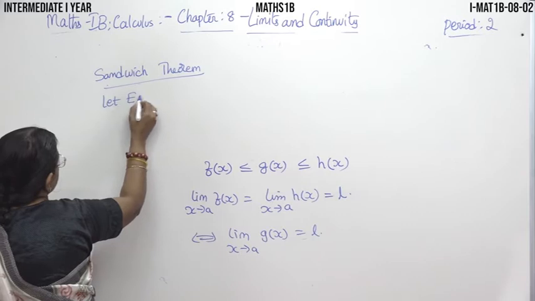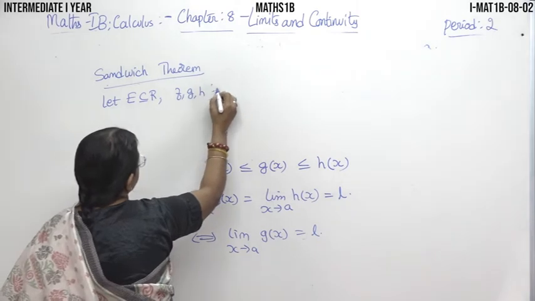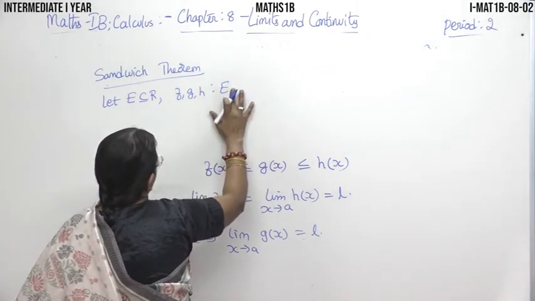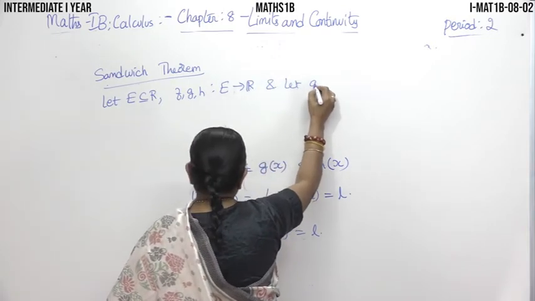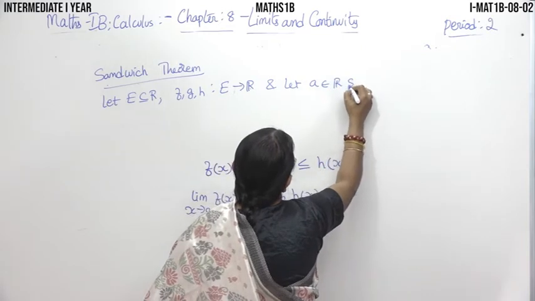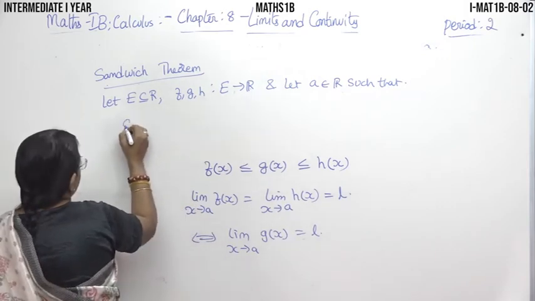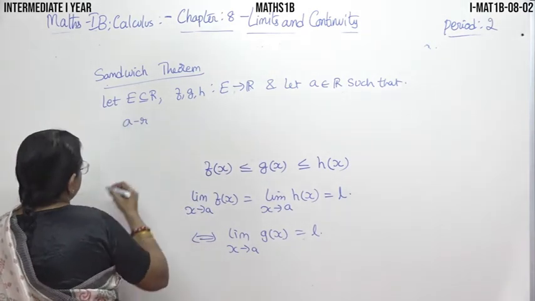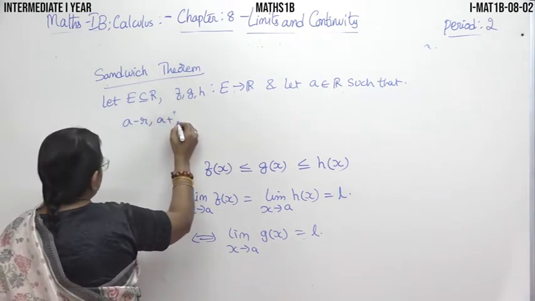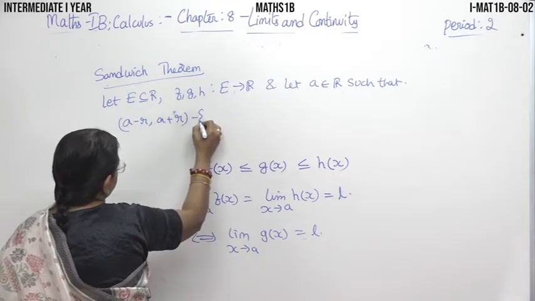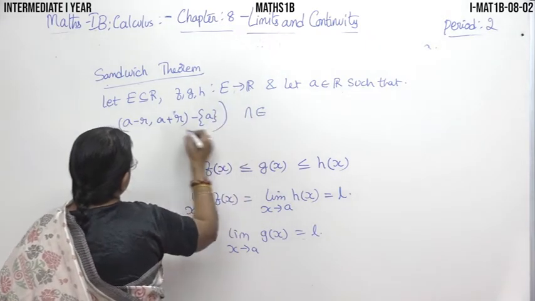Suppose that E is a subset of R and F, G, H are 3 functions from this set. You can say that F, G, H are real functions, and suppose that A belongs to R, A is a real number such that A minus r, A plus r, deleted neighborhood, you have learned now, minus A. So this set intersection E is a non-empty set.